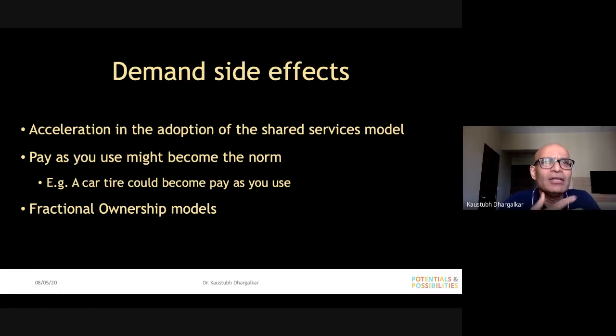Fractional ownership models might come in if you are selling some expensive offerings, etc. Can you think of fractional ownership models where multiple people own one asset, and the use of that asset gets distributed amongst the group owners?